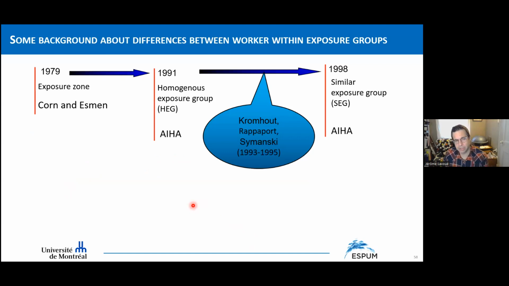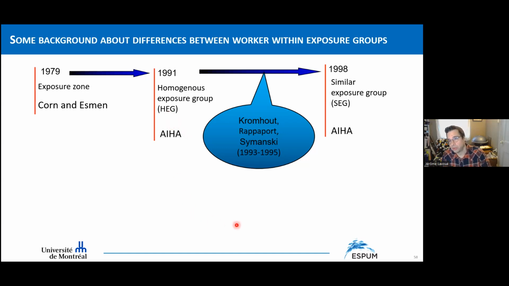So a bit of historical context. The notion of a similar or homogeneous exposure group appeared at the end of the 80s in the scientific literature. The name was exposure zone when it first appeared in the papers. Then in their first monograph, AIHA coined the term homogeneous exposure group.